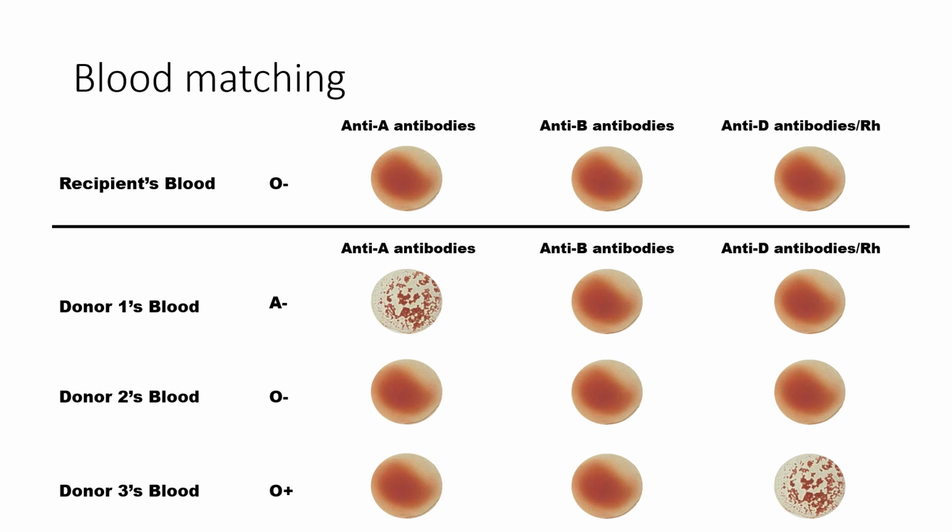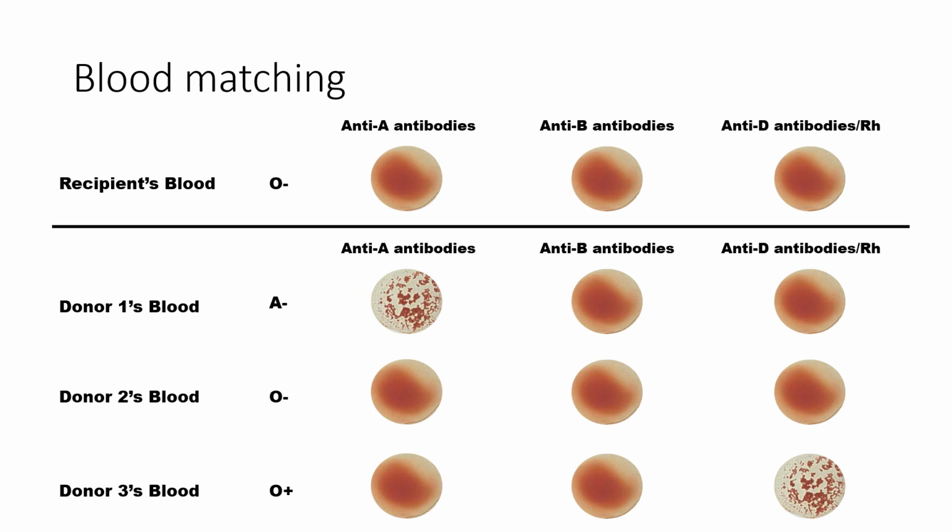Now when we look at each one of these donors, we need to figure out if it's a good match for our recipient or not. So we're going to look at donor number 1 for starters. And when we look at donor number 1, we can see that donor number 1's blood tested positive for antigen A. And what that means is if we were to give donor 1's blood to our recipient, the anti-A antibodies in the recipient's blood would create an agglutination reaction with donor number 1's blood, just like it did on the screen right here.